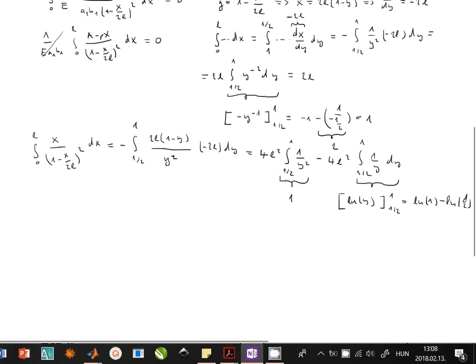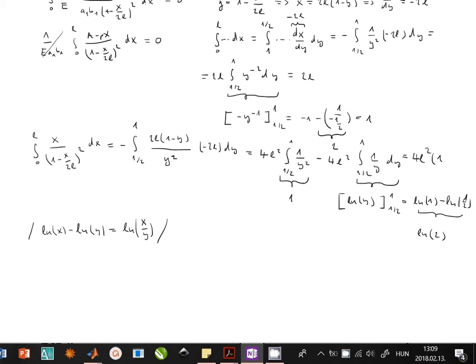And there is an identity which you should know from high school: ln x minus ln y is ln of x over y. We can apply this identity, and then we will have natural logarithm 2 for this part. So the final result for this integral is 4L squared times (1 minus natural logarithm 2).